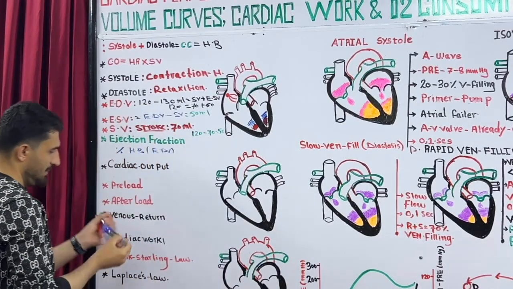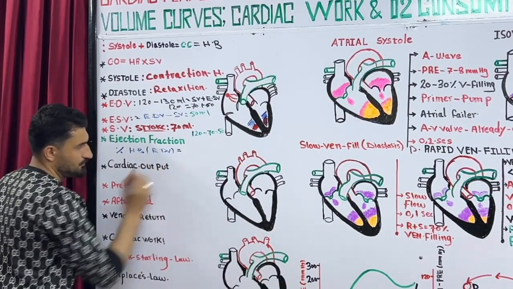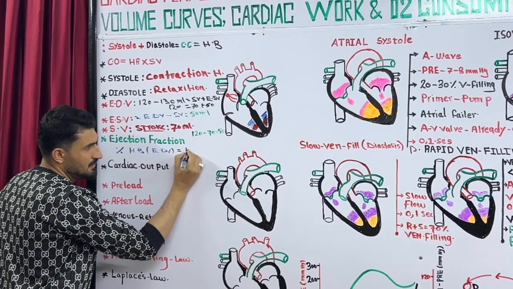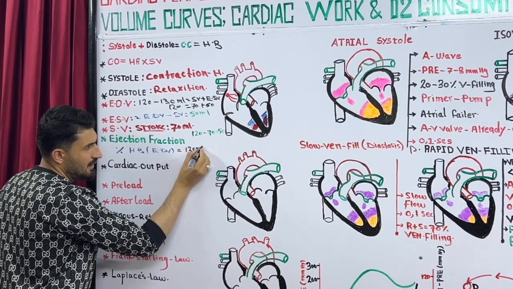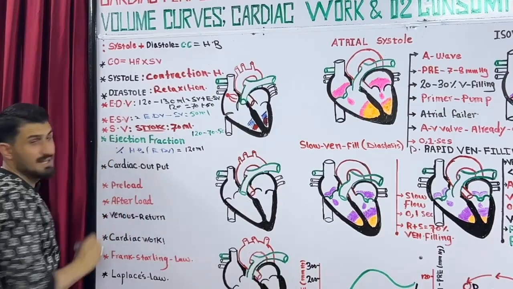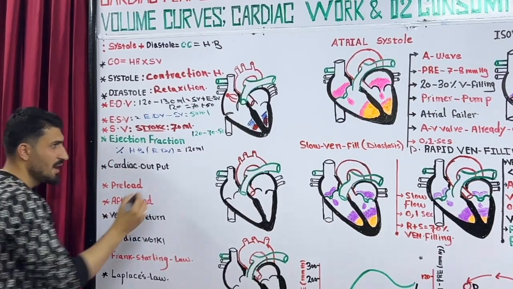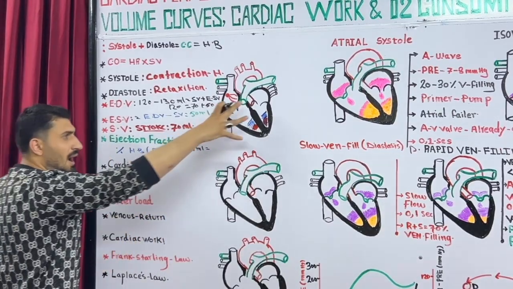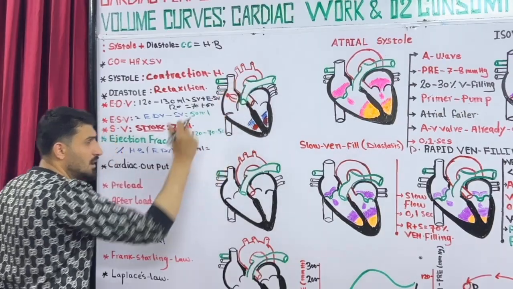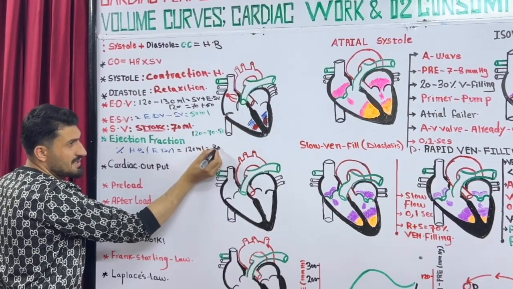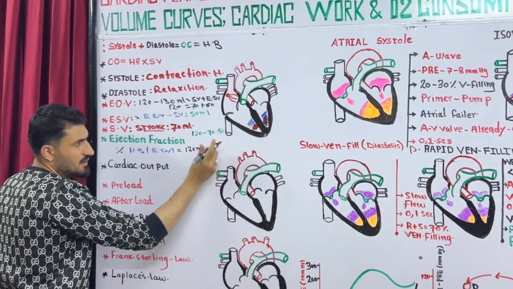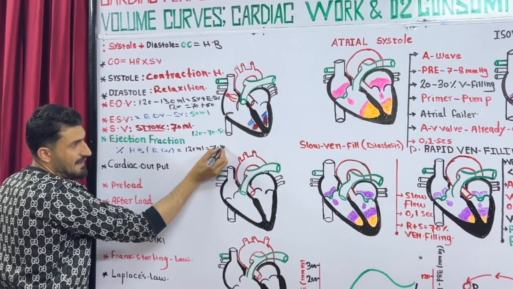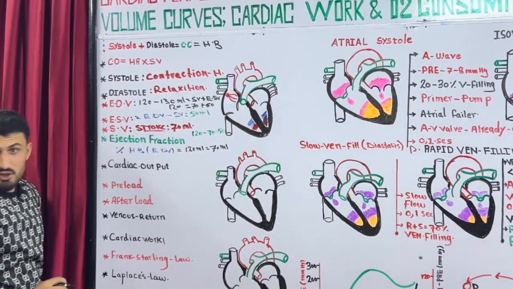Now listen to me carefully. For example, I have 120 ml of blood which is end diastolic volume. Now I pump around 70 ml of blood, which is called stroke volume.